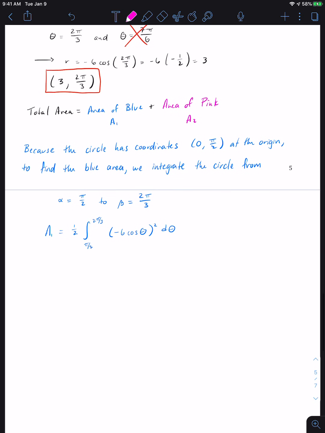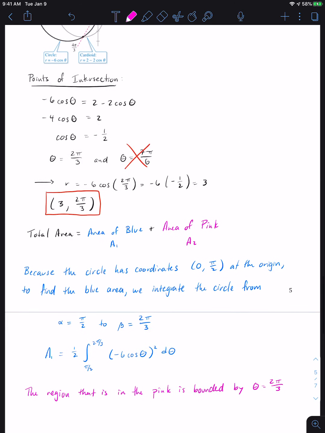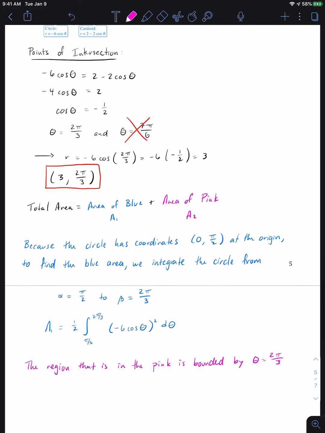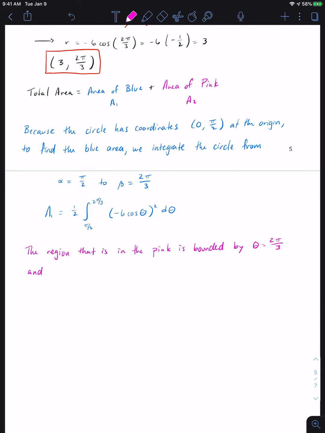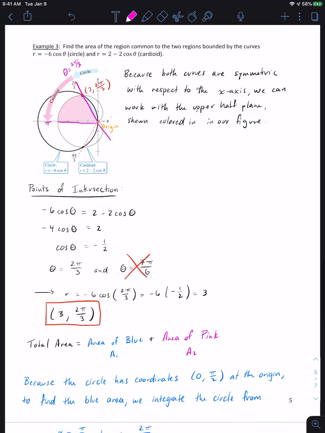So the region that is in the pink is bounded by theta equals 2 pi over 3, that's this line that extends infinitely at that angle, and the other one, theta equals pi, that's that horizontal line there.